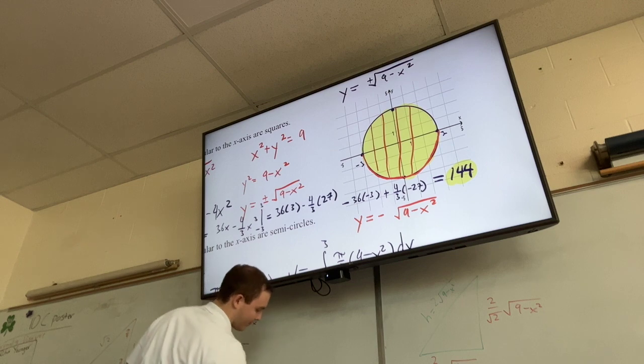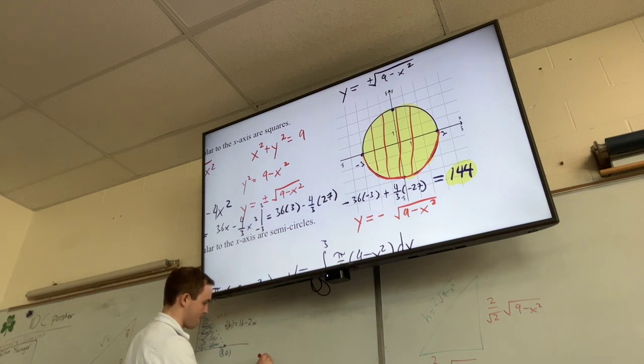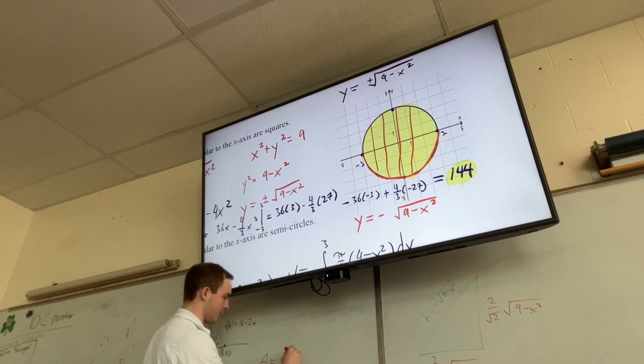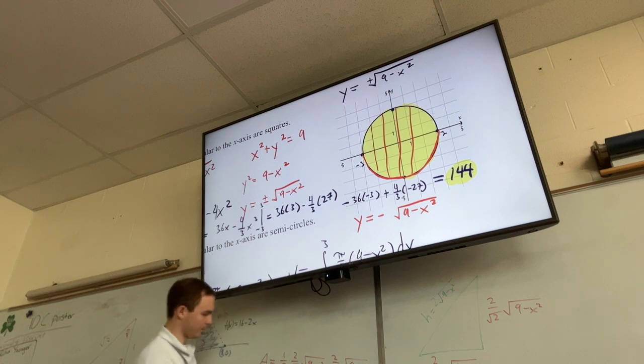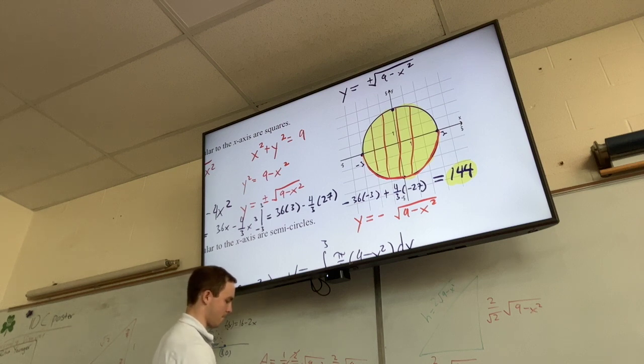So the area of each is going to be 1/2 times 2 over root 2, root 9 minus x squared, times 2 over root 2, root 9 minus x squared. These 2's are going to cancel, so we'll get 2 over 2 times 9 minus x squared, which is just 9 minus x squared.